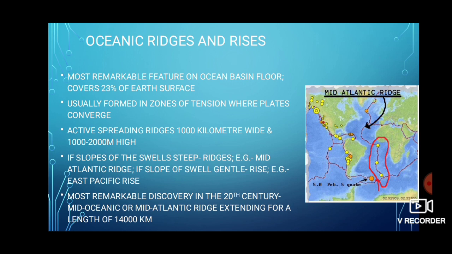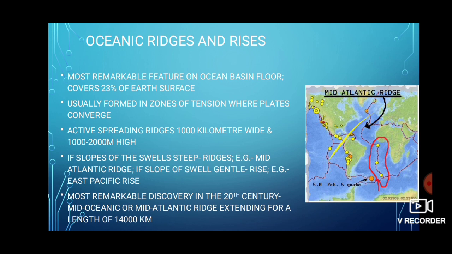We will be discussing in detail this Mid-Atlantic Ridge or mid-oceanic ridge while we study the bottom morphology of the Atlantic Ocean. So you can see how long the Mid-Atlantic Ridge is, around 14,000 kilometers. Perhaps we can consider that this is the longest mountain ridge in the world.